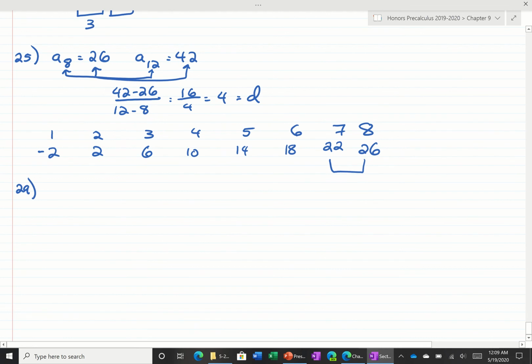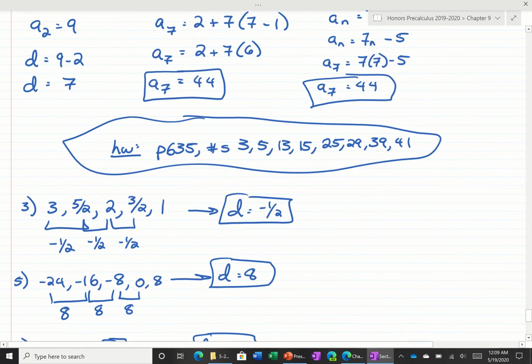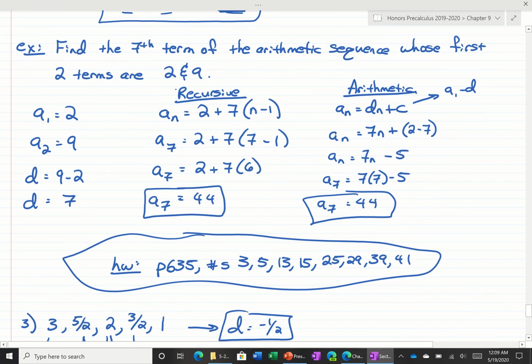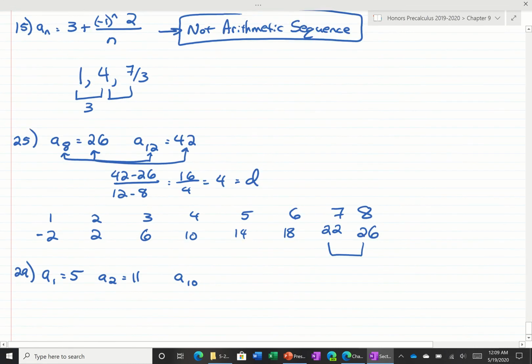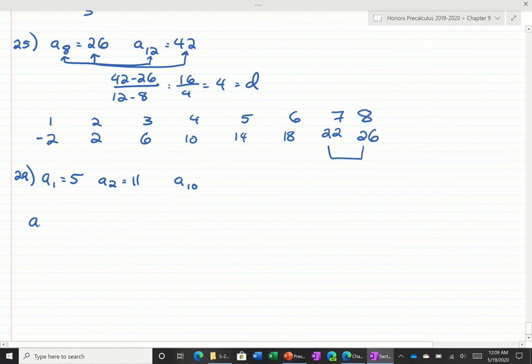For 29, it says that a sub 1 is equal to 5, a sub 2 is equal to 11, and we want to find a sub 10. All right, well, we had a formula we were using in the notes, and we had a recursive formula. We also have an arithmetic formula. Let's use the arithmetic formula. So the formula said a sub n is equal to a sub 1 plus the common difference times n minus 1.